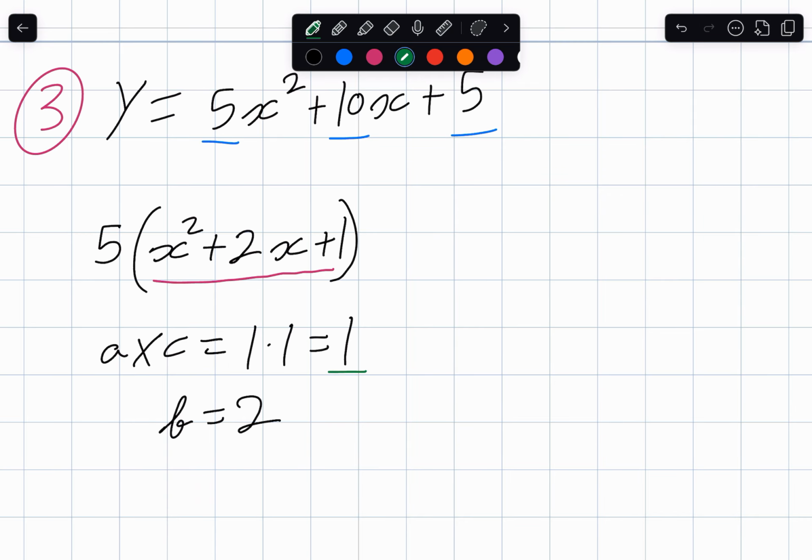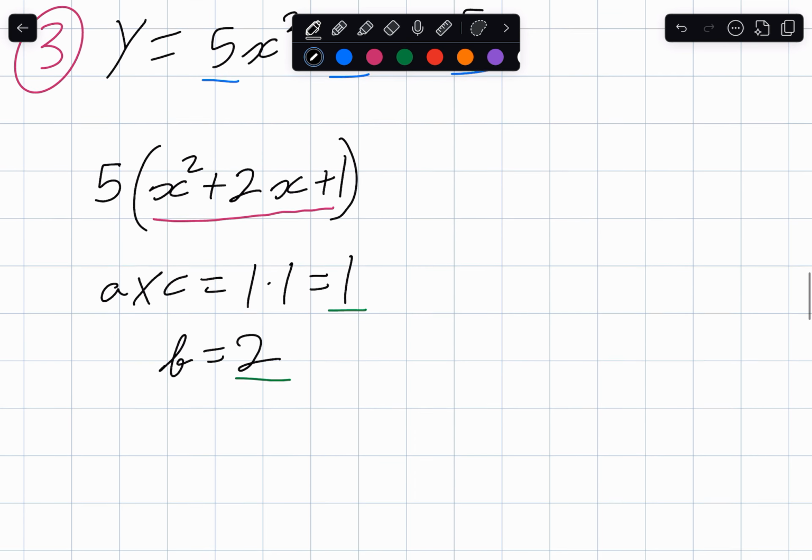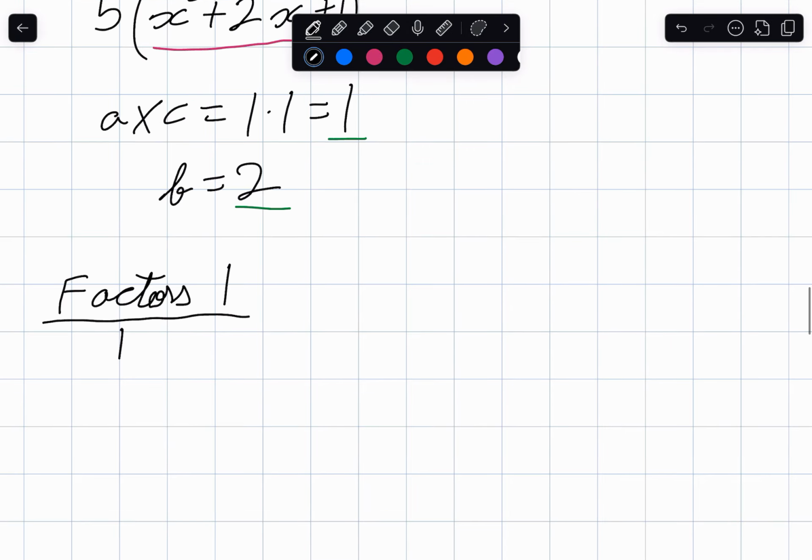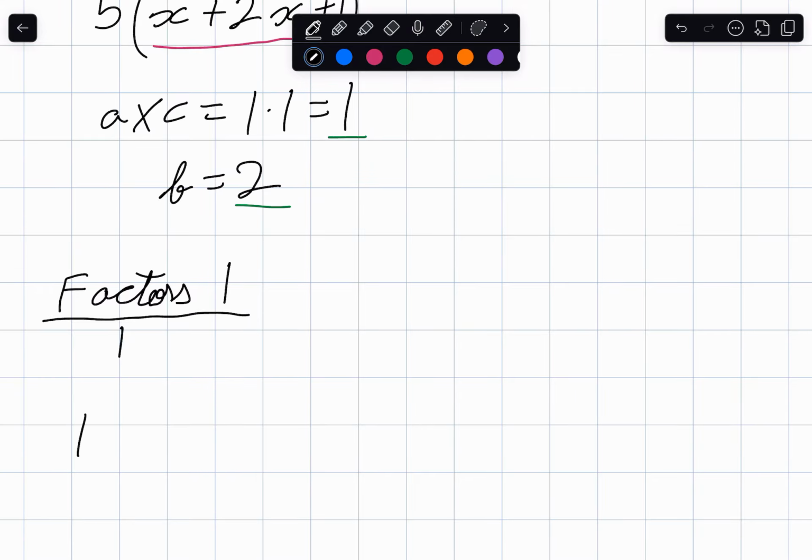What are these numbers? Factors of AC, which is factors of 1, is just 1. So you just have 1 times 1. These two numbers multiply to 1 and add up to 2.